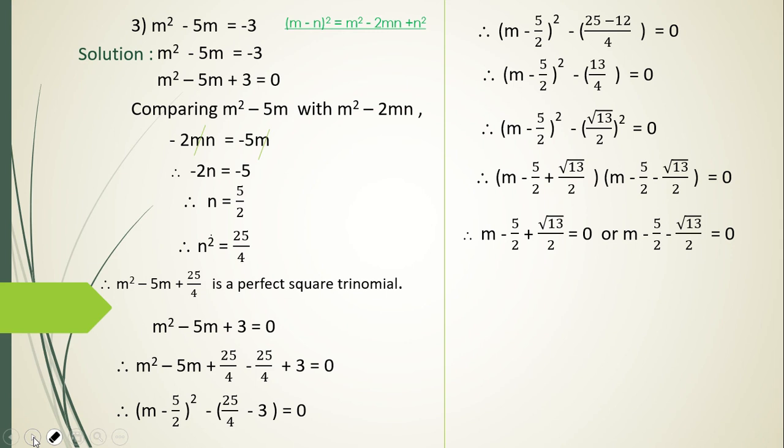So therefore this is 0. Just bring them on the other side. This was minus, this will become 5 by 2, this was plus, this will become minus.